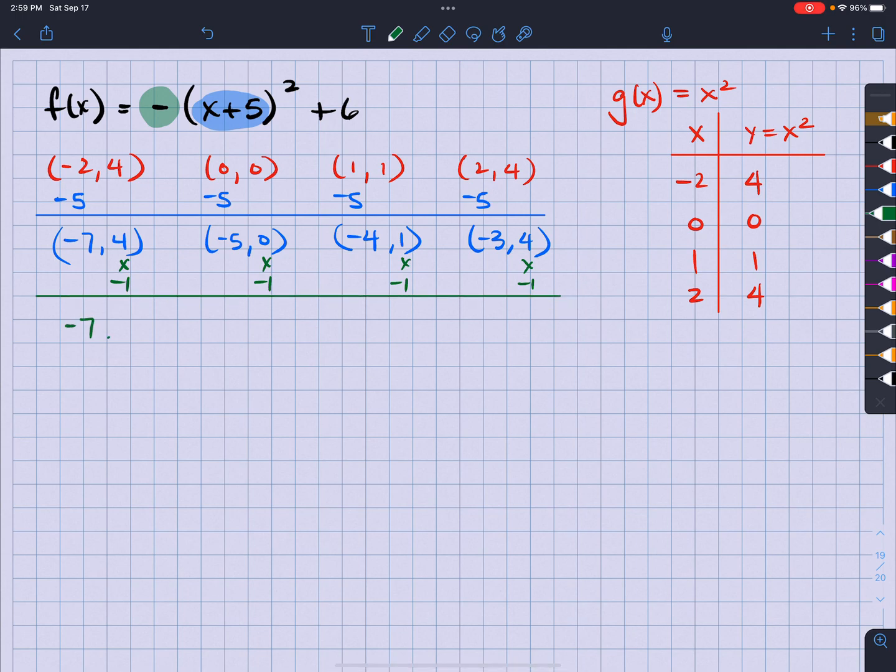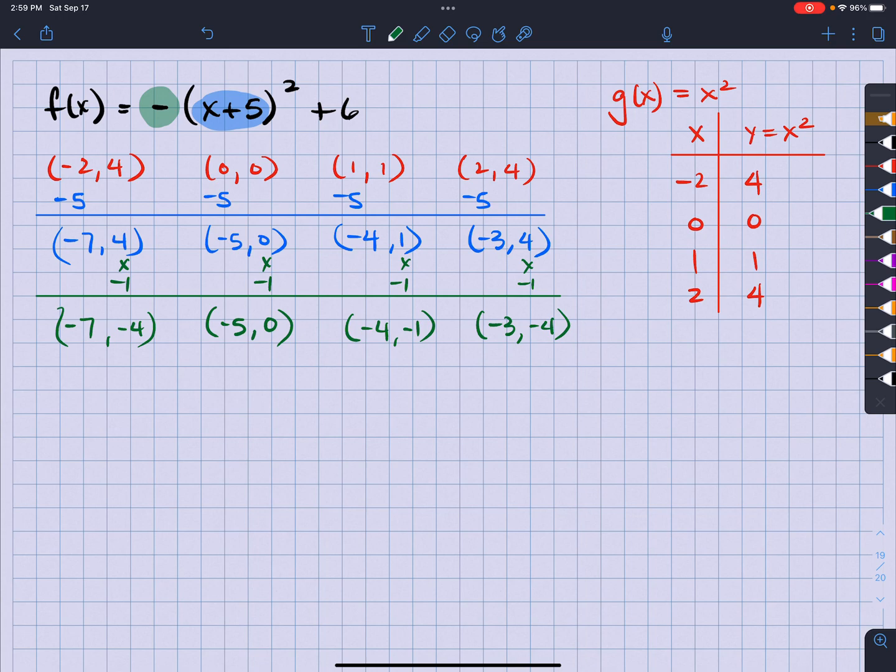I got -7, -4, which multiply the y value by -1 really just flips over the x-axis. -5, comma, still 0. -4, comma, -1, and -3, comma, -4.